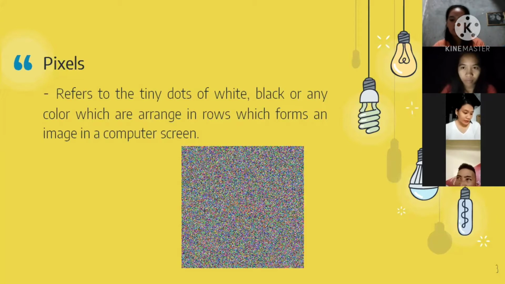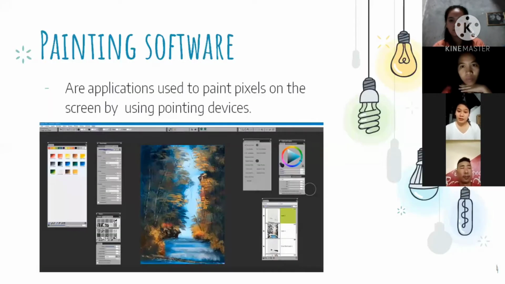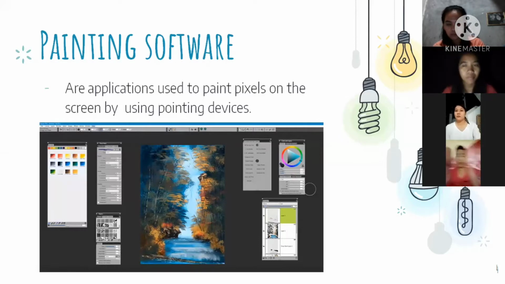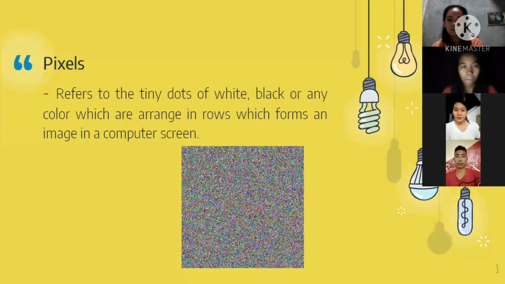In the next slides, we will be tackling how many dots, yung tiny dots na compose ang isang image or isang photo. So it refers to small tiny dots, any colors, as long as maliliit siya na dots. So when you look at a picture, it is composed of tiny dots. That's what we call pixels.